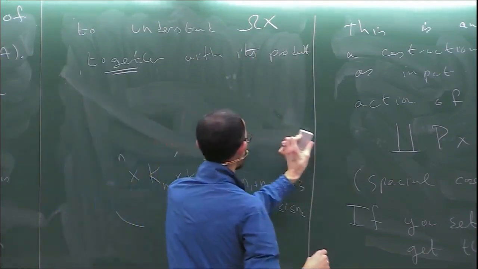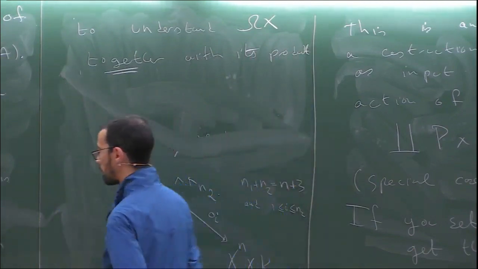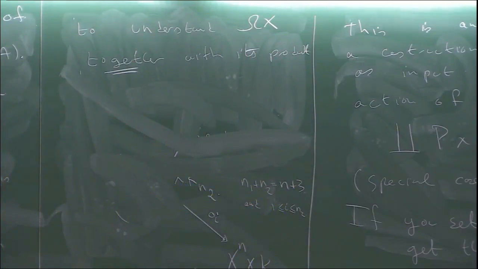Okay, so that's the thing that's usually missing from this picture. If this is all you have, it's not clear how you recover information about loop X.